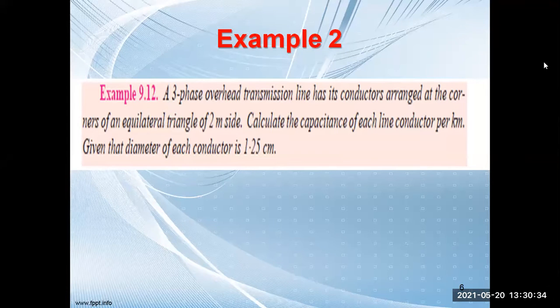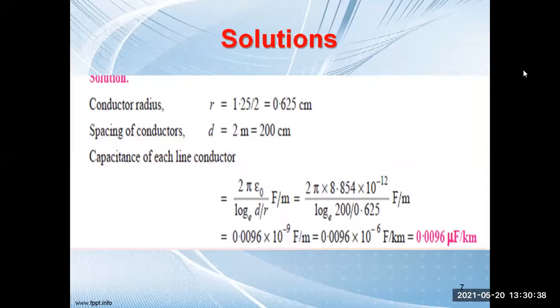So we need to apply the formula 2 pi epsilon naught by log of d by r. Here the diameter is given, 1.25 centimeter, so we need to convert it to the radius. Then the spacing of the conductors is 2 meters, so we are converting it to centimeter. Now we'll apply that formula.